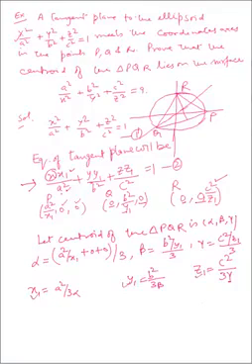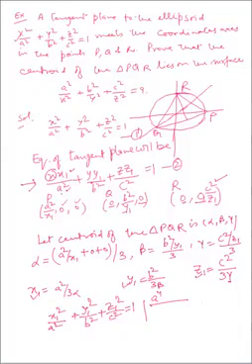So we can say x1²/a² + y1²/b² + z1²/c² is equal to 1. If you put the values of x1, it comes a⁴/(9α²a²) + b⁴/(9β²b²) + c⁴/(9γ²c²) is equal to 1.